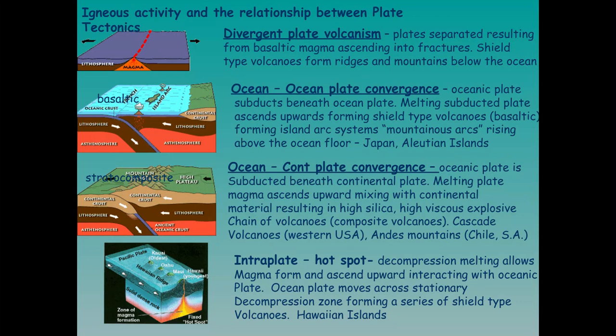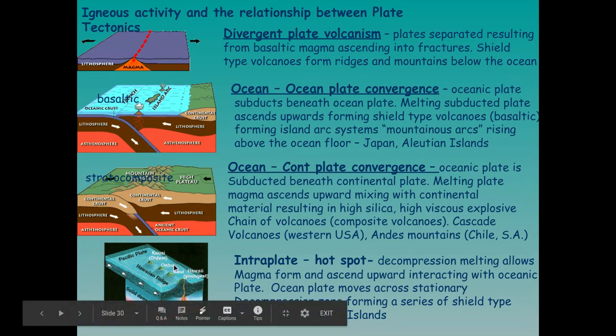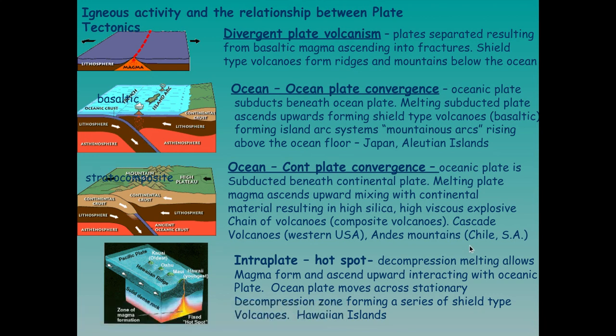If you look at the bottom diagram, you see the Pacific plate, and you can see the arrows moving or sliding over the stationary hotspot. And in each situation, it creates a shield volcano that pops up. And of course, the classic example for the intraplate hotspot shield volcanoes would be the Hawaiian Islands.